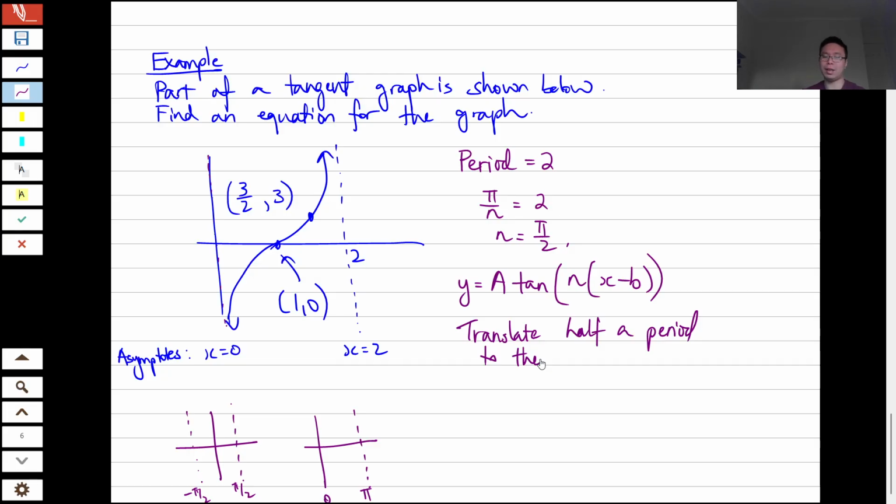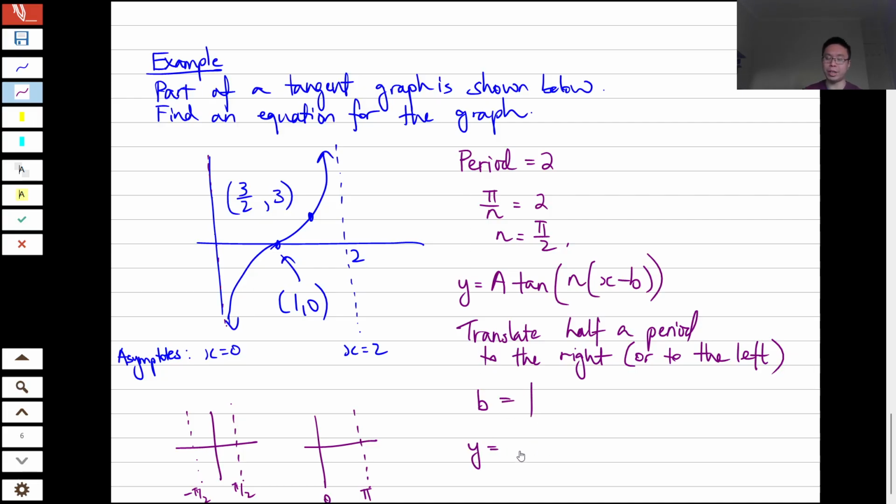In this case, it doesn't matter because the asymptote is exactly at x equals 0. If it wasn't exactly at x equals 0, then it would matter. So I'll just say to the right or to the left by symmetry. So we'll translate half of 2, which is 1.